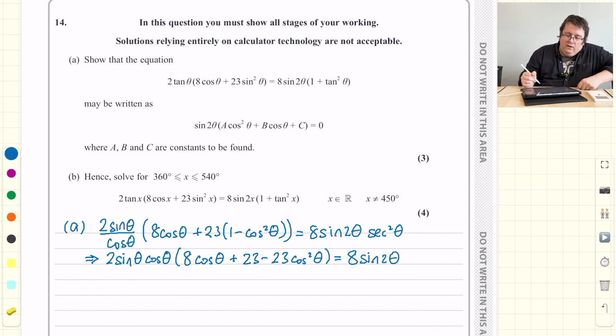Okay. Now, the good news is that on the left-hand side, you've got 2 sine theta cos theta, which is the double angle formula sine 2 theta. So that's just what we wanted. So that's sine 2 theta.